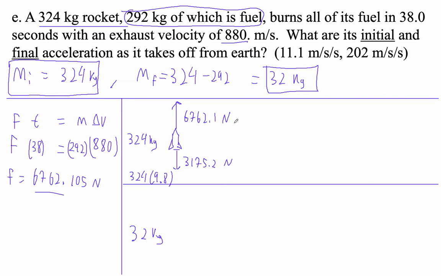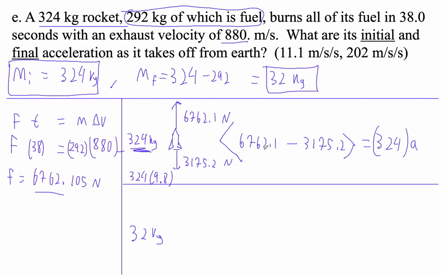Now we can just do Newton's second law, right? So this force is up, so 6762.1 is up. This force is down. And then that equals our mass, which is 324 times A. Now we're set. I'm just going to use up arrow on my calculator because I'm far too lazy to type all those numbers in.